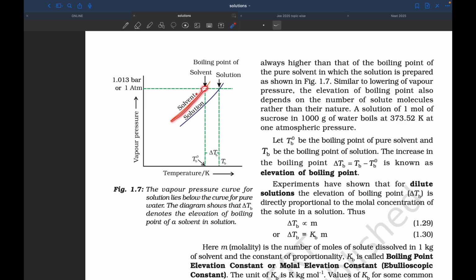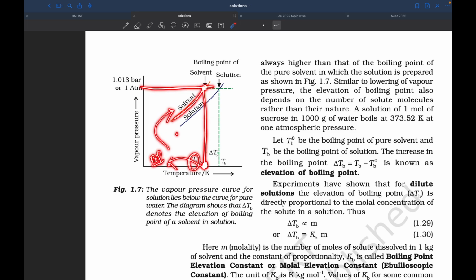Look here, its vapor pressure has become equal to 1 atm, and if this point is extended towards the x axis, you will get the temperature at which evaporation is taking place or boiling is happening. So this temperature is nothing but the boiling point of what?